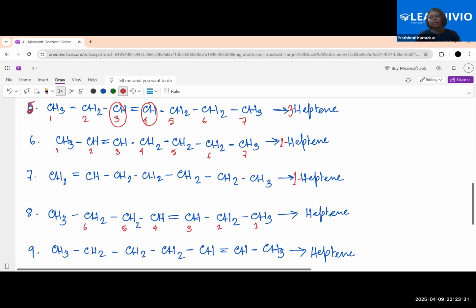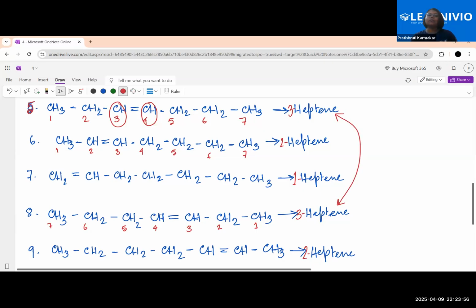So this is again 3-heptene, and the ninth one, from the right side, is 2-heptene. So we have to count from the side from which it gives the lesser number, right? Yes, ma'am.